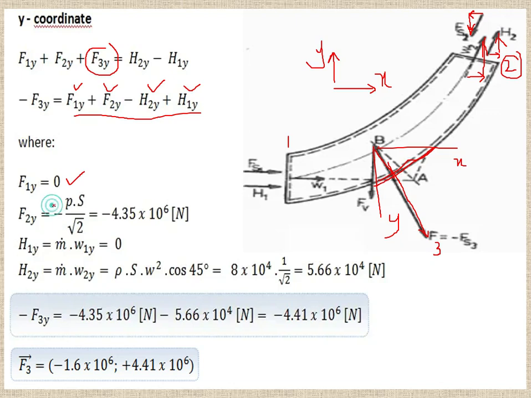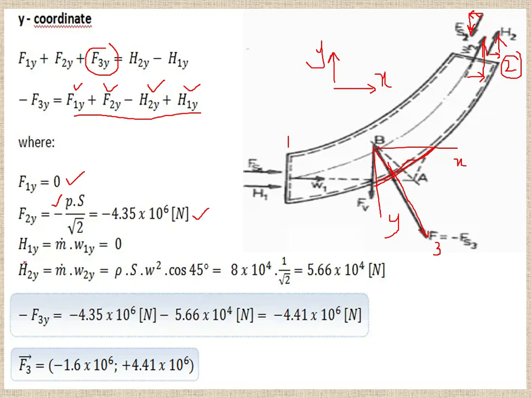The surface force is pressure times surface area, P2 times S2, and this force has a component, which is sine theta, sine 45, which is 1 over root 2. When you solve it, you will get minus 4.35 times 10 to the power 6 Newton. So this is the force we have calculated.